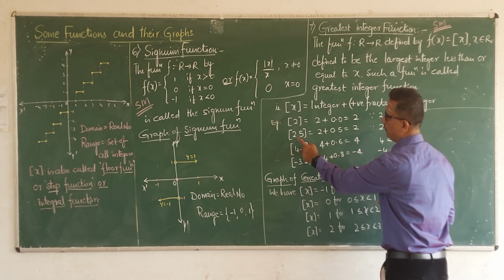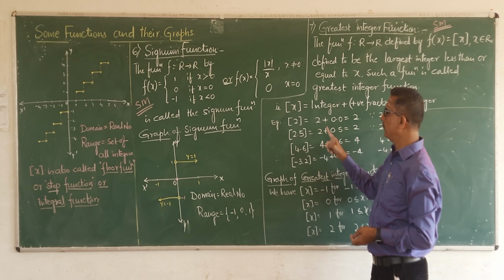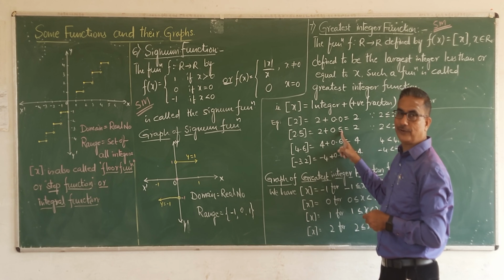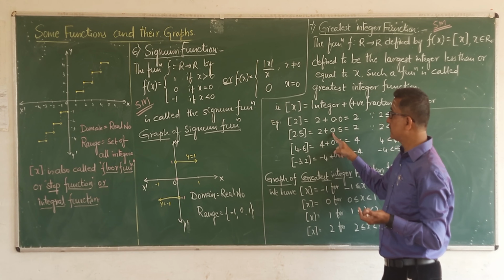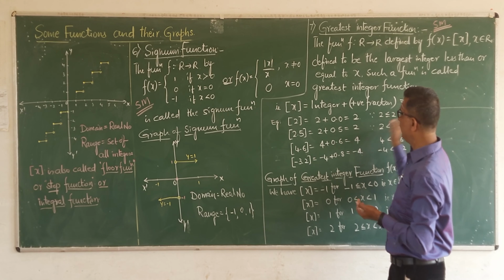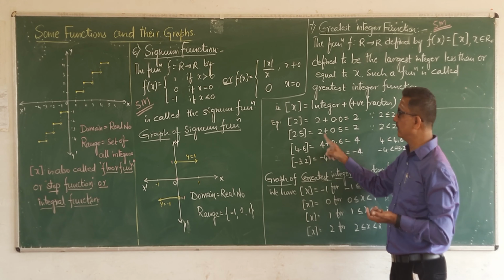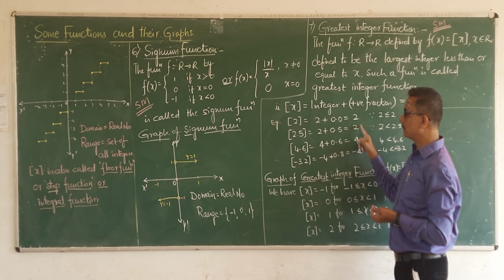Take another example. Square bracket 2.5. How to split it? In the form of integer plus positive fraction is equal to integer. First we take the integer. 2.5 can be written as 2 plus 0.5. 0.5 is the positive fraction. Among these two, which one is the integer? 2.